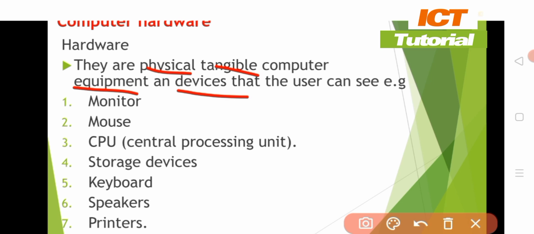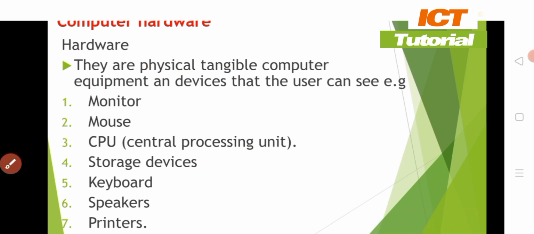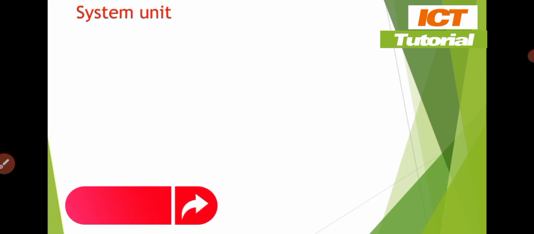You have equipment and devices that the user can see and touch. So I can touch too. That's the point. So we have monitor, mouse, the CPU, central processing unit, storage device, keyboard, speakers, and printers. We are going to look at each and every one by one.